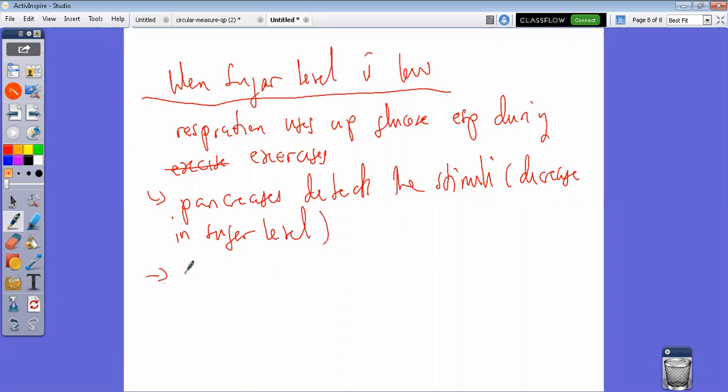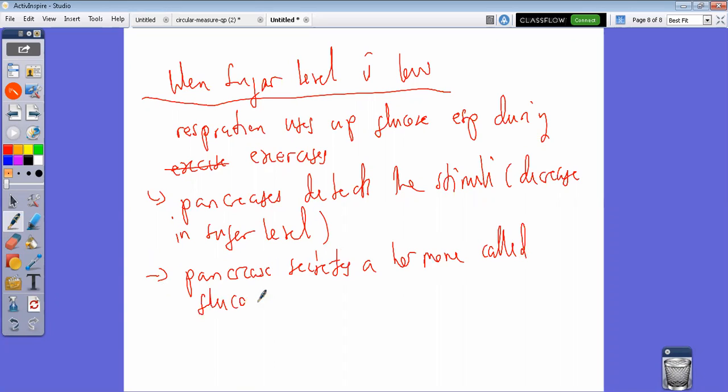Now, the pancreas secretes a hormone called glucagon. Clear? The glucagon travels to the liver via the blood.